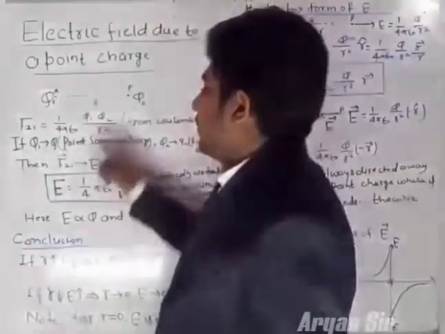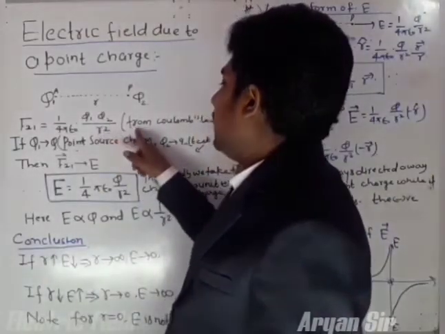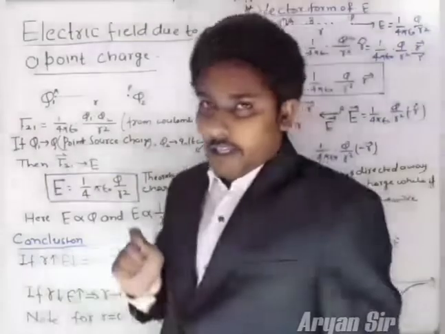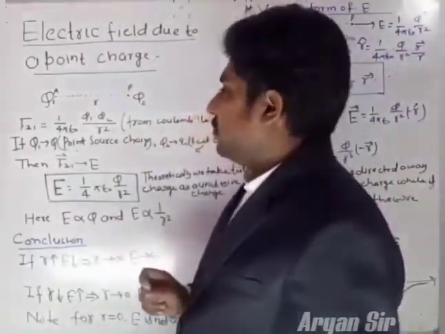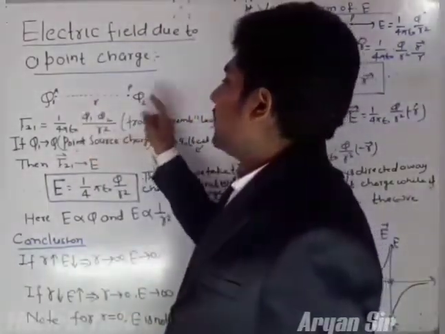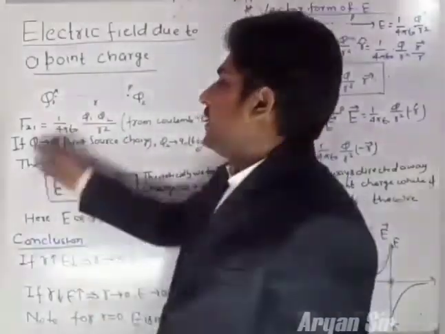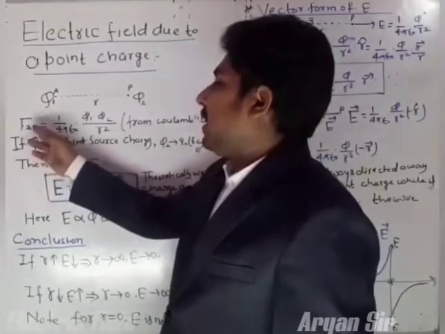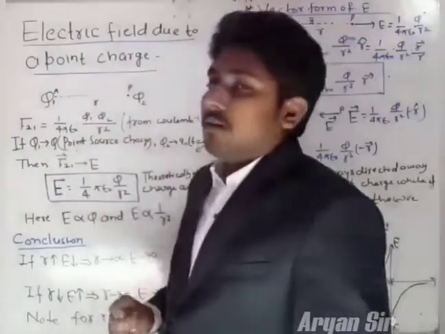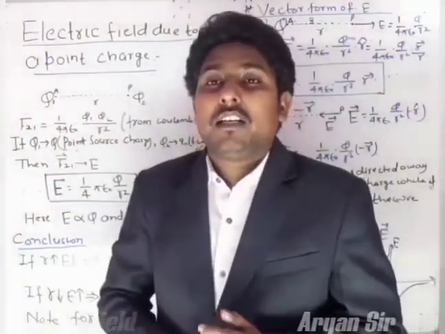This relation has been written with the help of Coulomb's law. If I assume q2 to be the test charge and q1 to be the source charge, then the force experienced by this charge will turn into electric field intensity.